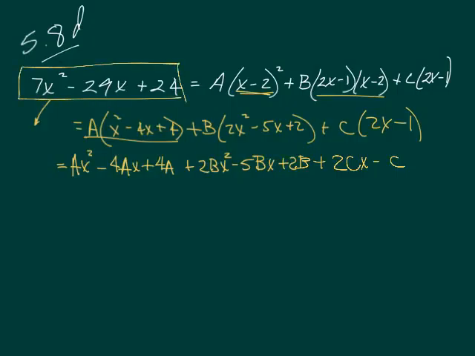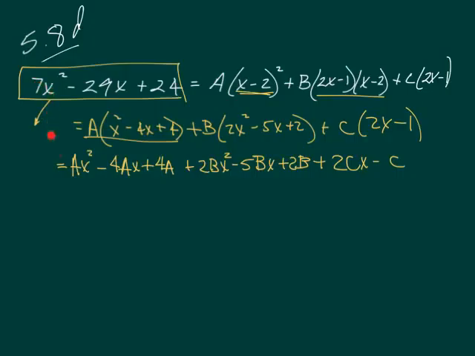So if we look at this, this whole thing equals this whole thing. If this is 7x squared, then this and this need to be equal to my 7x squared.